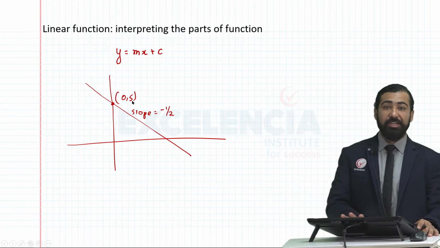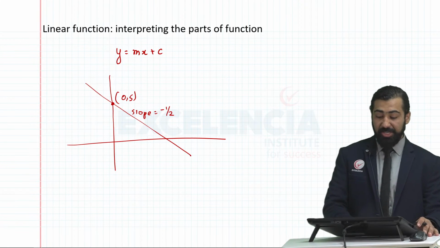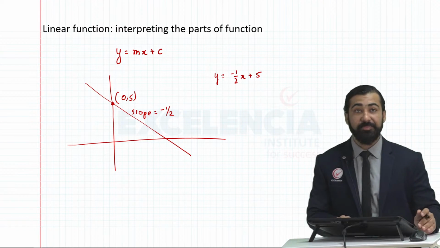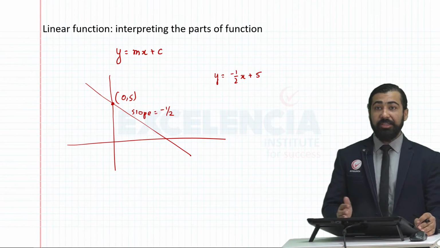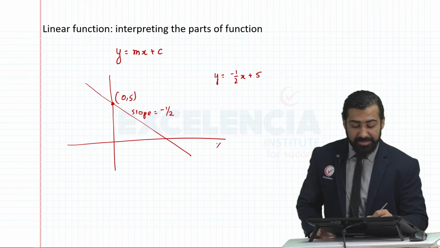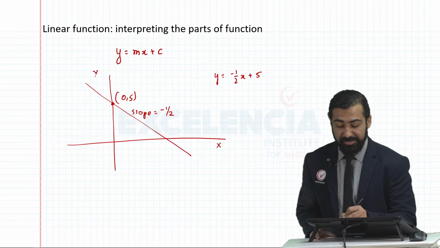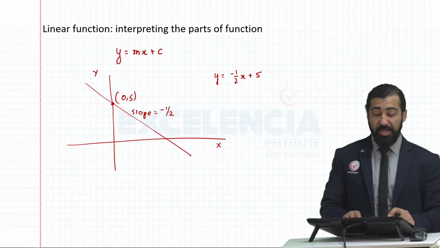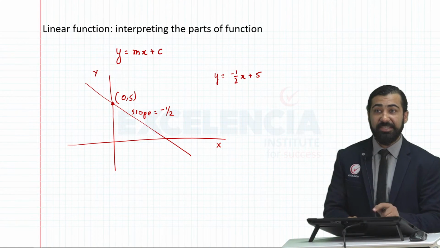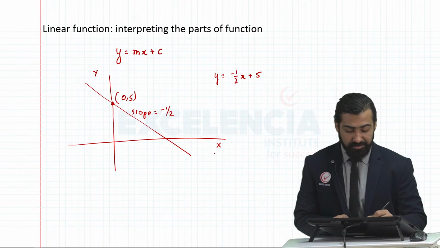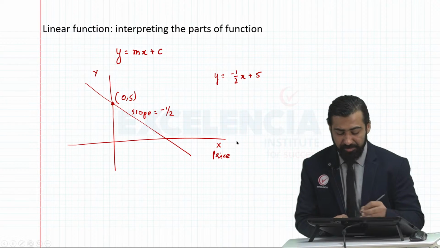Alright, now I want to interpret what these things mean. The equation of this line will be something like this: y equals minus half x plus 5. In the last class, we learned whatever the x-axis represents and whatever the y-axis represents in this case. Now, let's say the x-axis represents, let's take an example of price and demand because I've taken a negative slope.